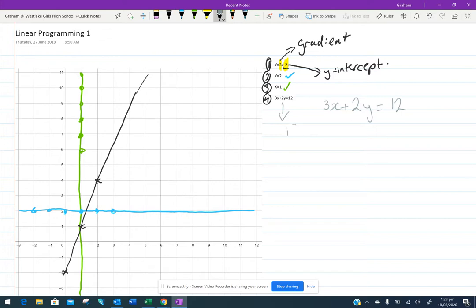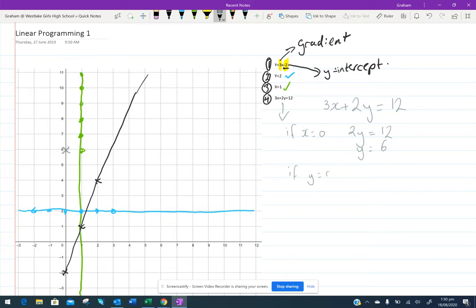If I make x equal to 0, then that first part of my equation becomes 0 as well. So I end up with 2y equals 12. So y equals 6. So when x is 0, y is 6. That's a coordinate. X is 0, y is 6.